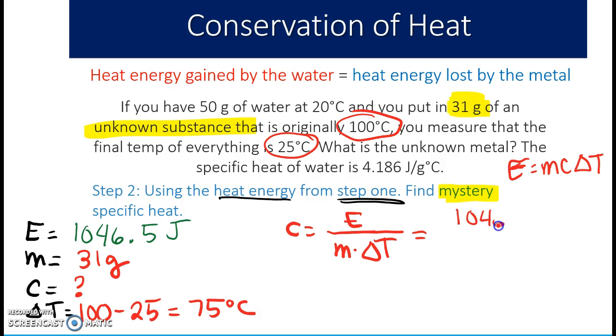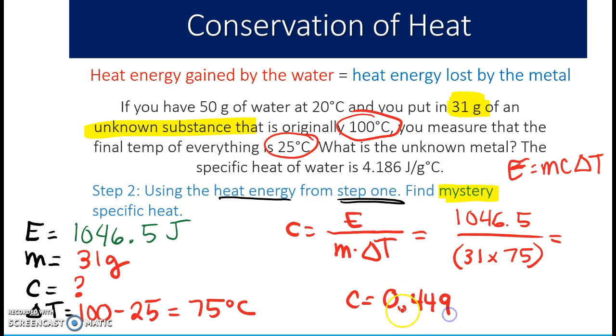So I have 1046.5 in the numerator divided by 31 times 75. Remember to put these 2 numbers in the denominator in parentheses when you multiply them. You'll end up getting C is equal to 0.449 joules divided by grams times degrees Celsius.